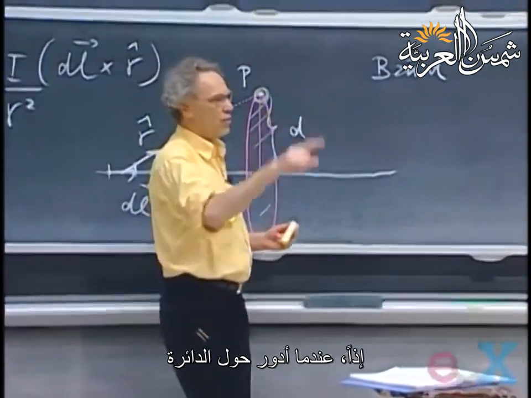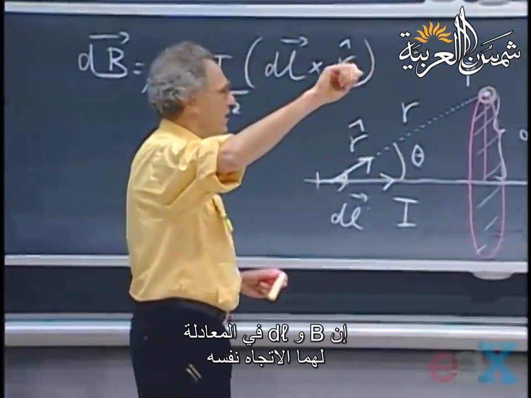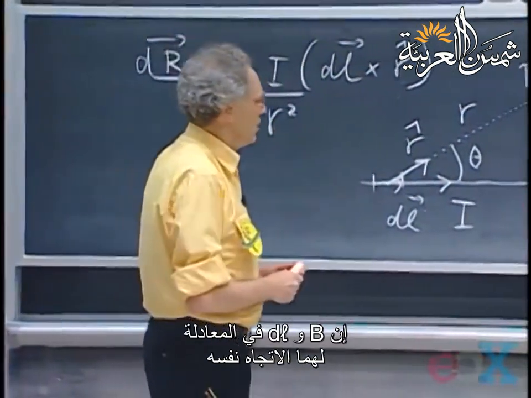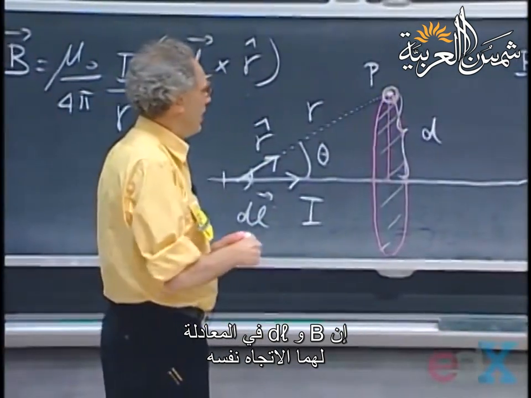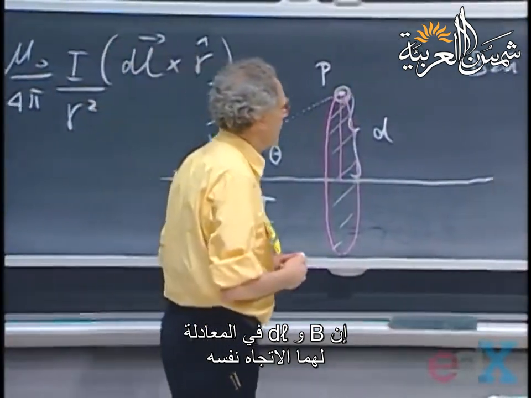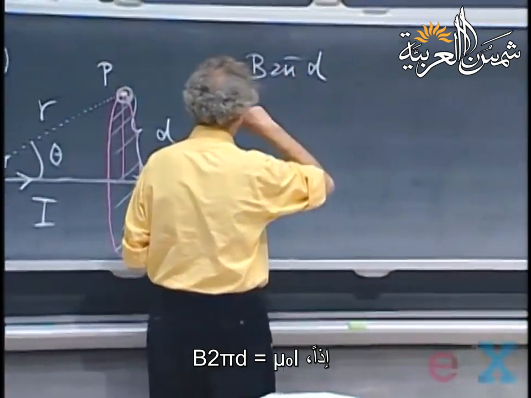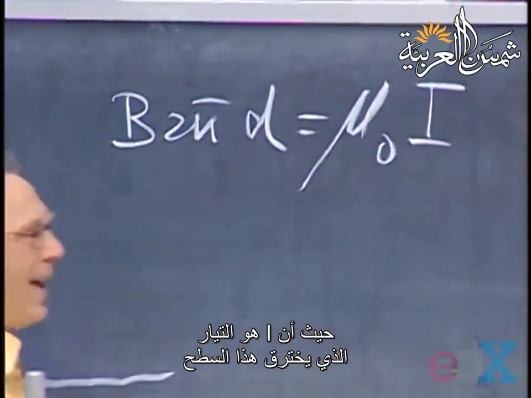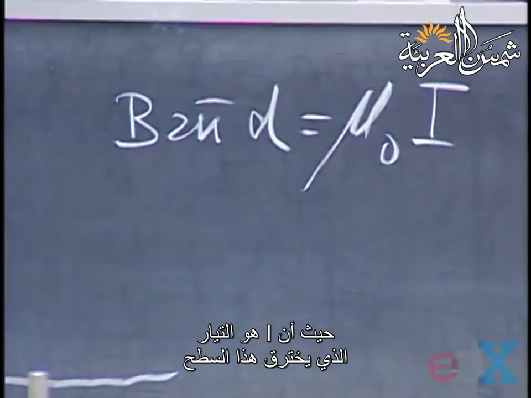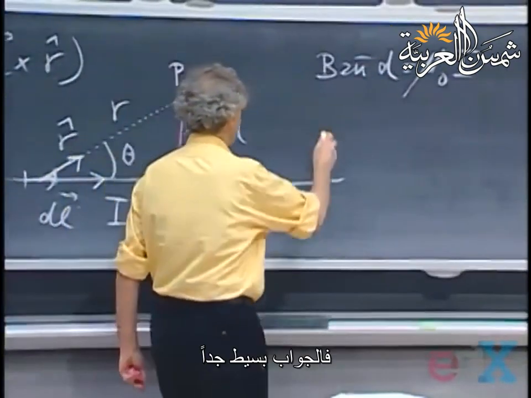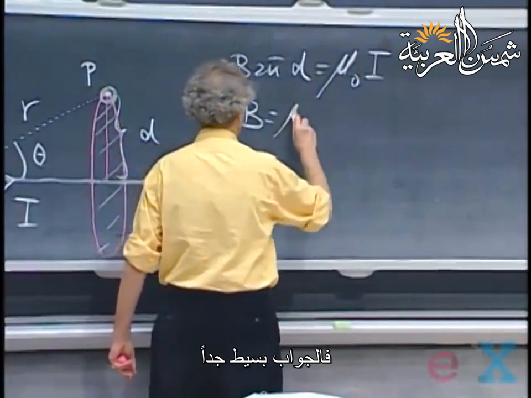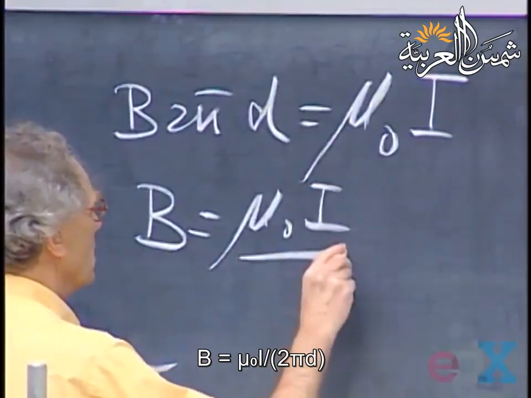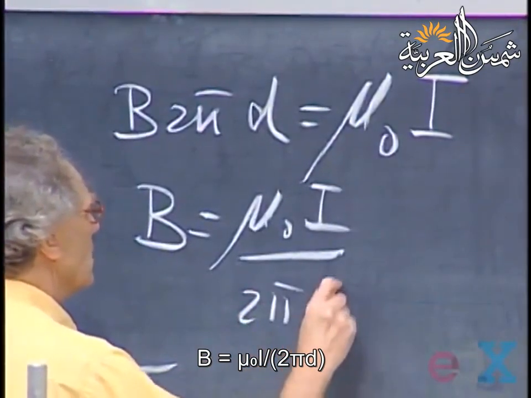So as I go around the circle, B and the dl that you see there at the bottom are in the same direction. So I get 2 pi B times d equals mu 0 times the current that penetrates that surface, and that is I. And so the answer is very simple, mu 0 I divided by 2 pi d.